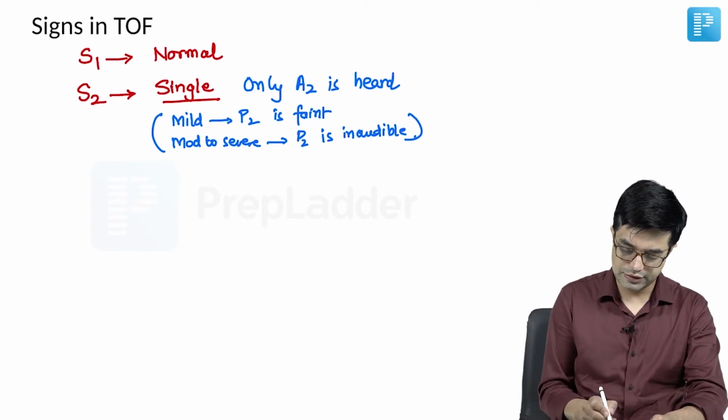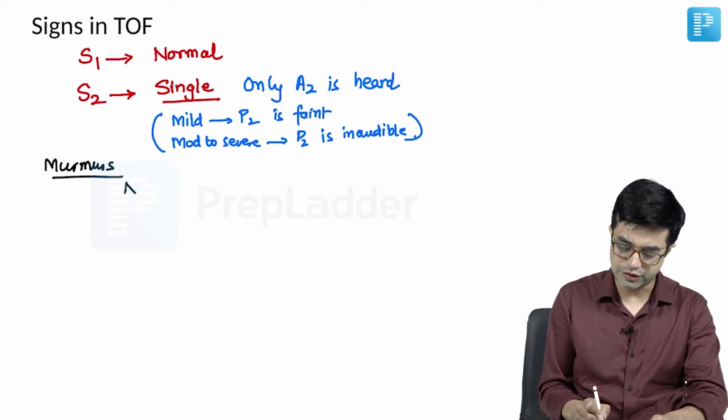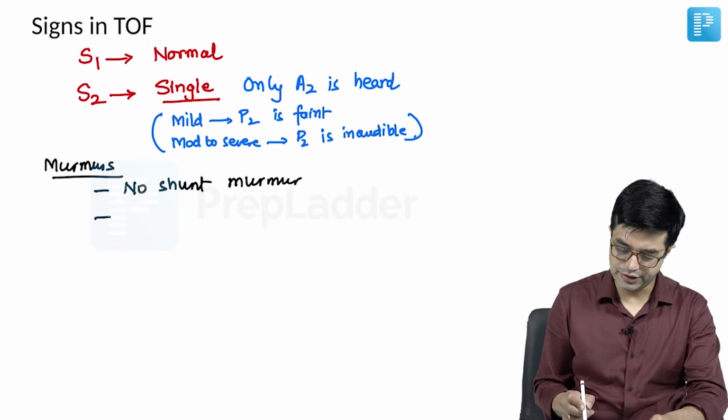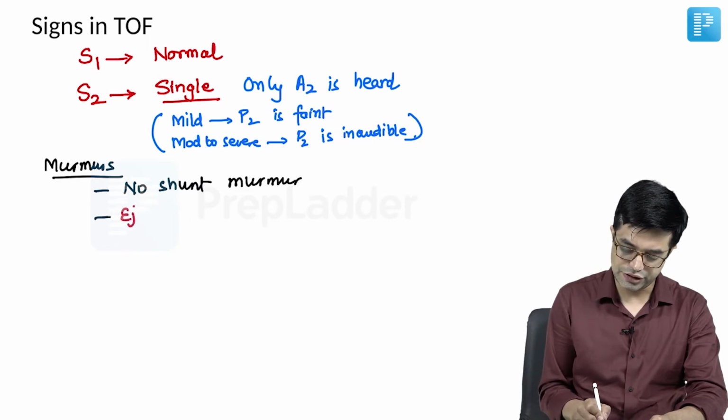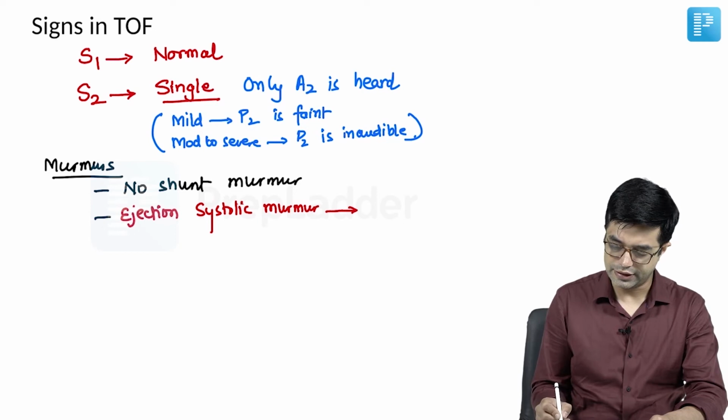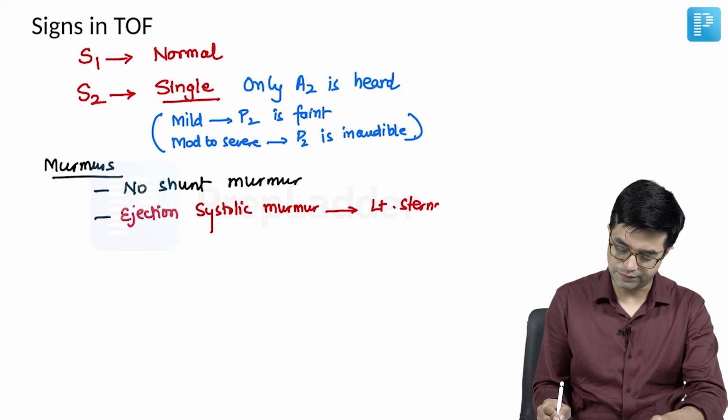Talking about murmurs, do you hear a murmur? Yes, we do. There is no shunt murmur in tetralogy of Fallot. But the murmur we hear in these patients is an ejection systolic murmur. It is usually heard across the left sternal border.